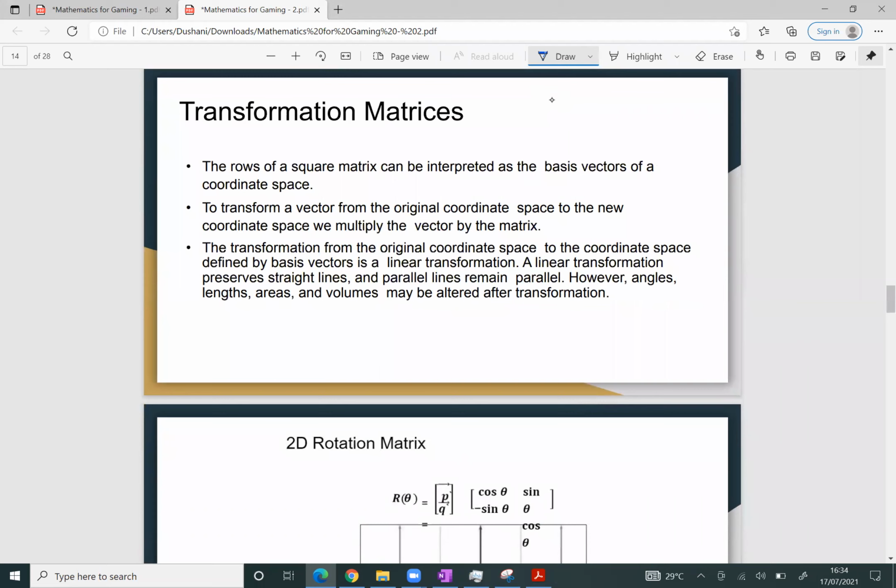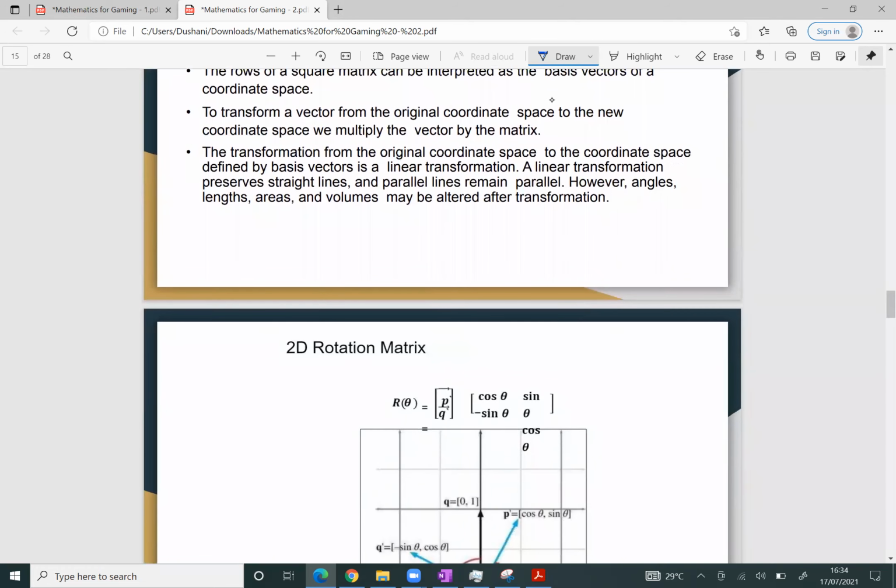Then when we look at transformation in matrices, the rows of a matrix can be interpreted as the basis vectors of a coordinate space, and to transform a vector from the original coordinate space to a new coordinate space, we multiply the vector by the matrix.